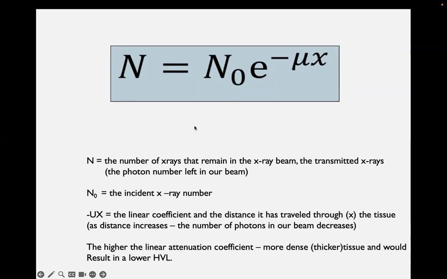N or I nod is the original amount, the original intensity, so I nod would always be 1 or 100%. Negative mu to the X: mu is the linear coefficient and X is the distance that it's traveled through. The higher the linear attenuation coefficient, the more dense or thick the tissue, and it would result in a lower HVL, half value layer.